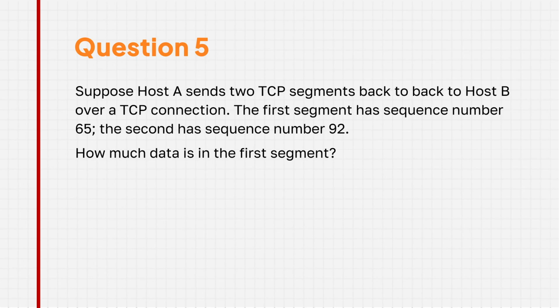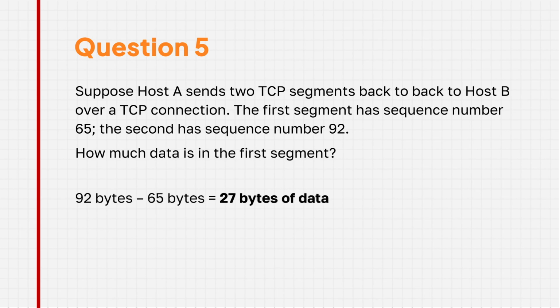So suppose that host A sends 2 TCP segments to host B. The first segment has sequence number 65. The second one has sequence number 92. How much data is in the first segment? How is it 27?